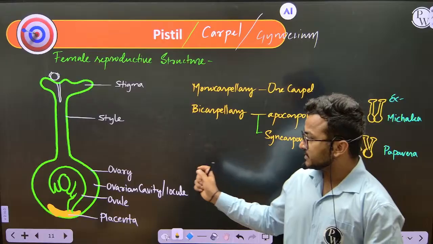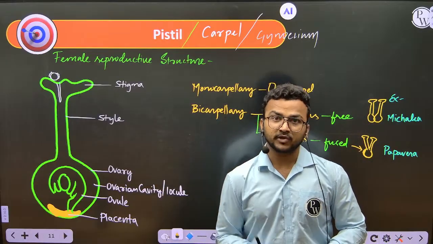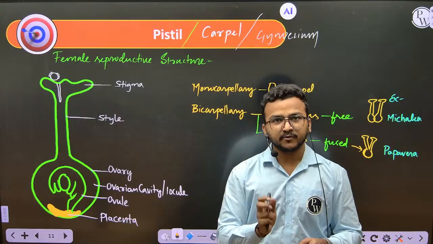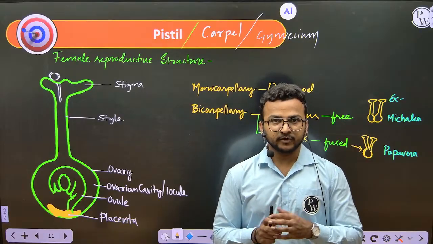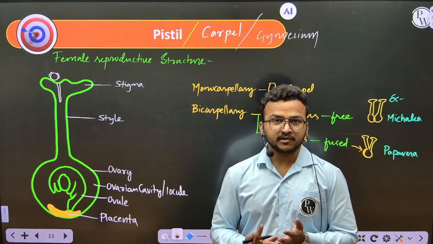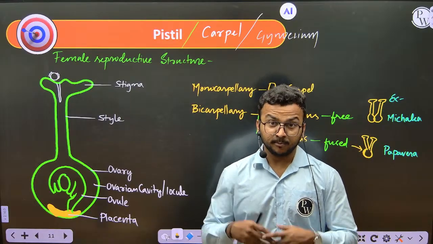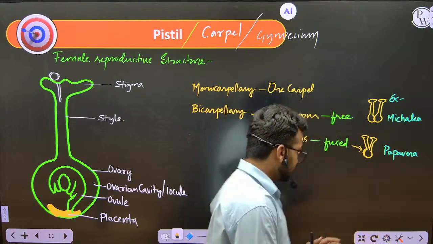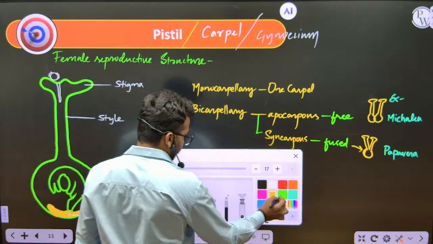So in such cases, examples like mango you can take. When you are eating mango, only one seed will be there within the fruit. Or if you take example of watermelon, so many seeds are there within that. So that is the multicarpellary condition. The examples are also important here.